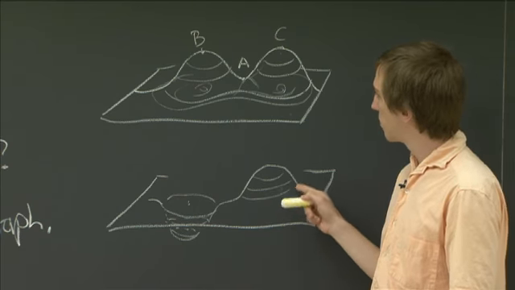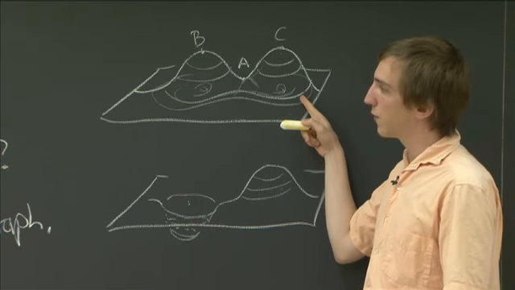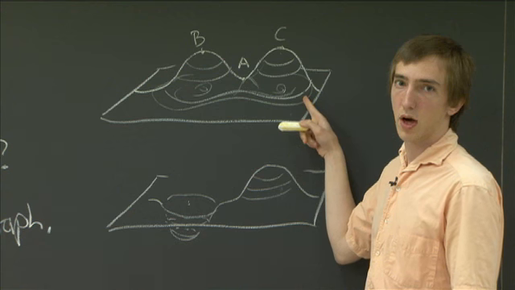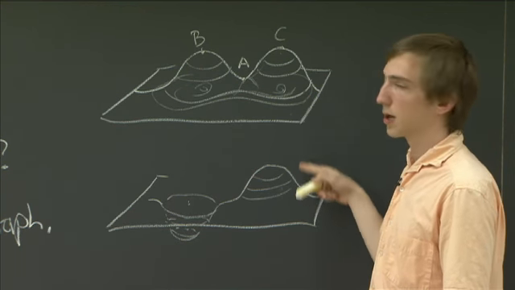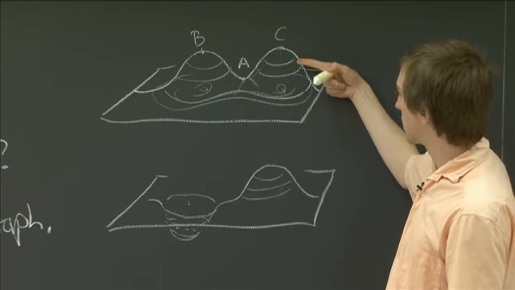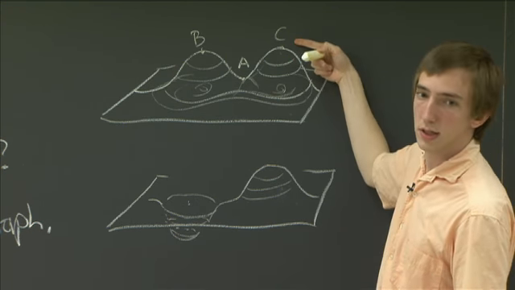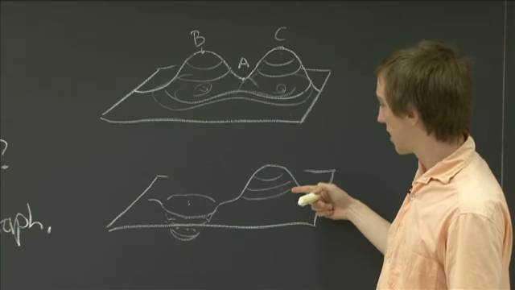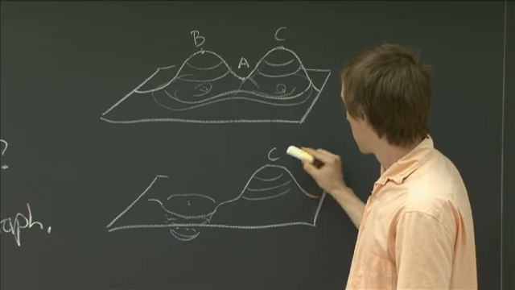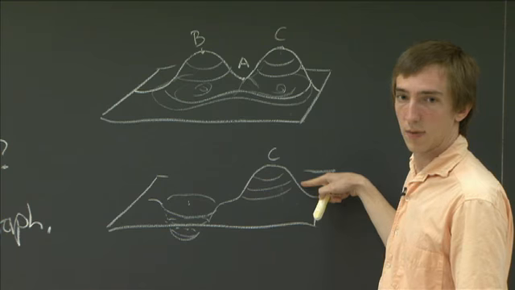Now notice that both of these that I've drawn, if we don't label the contour lines, have the same contour plot, because the concentric rings on C, which are telling us that the function is increasing, are essentially the same.